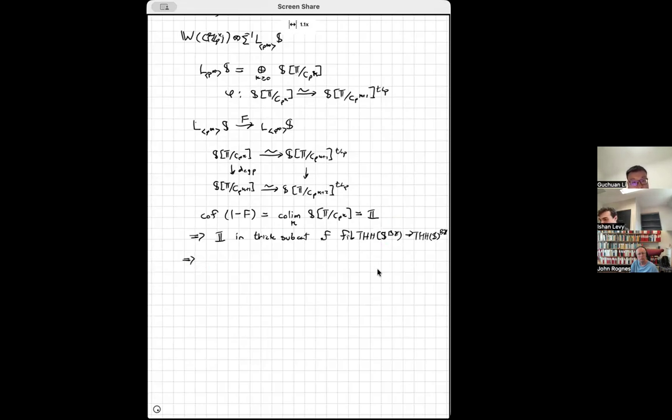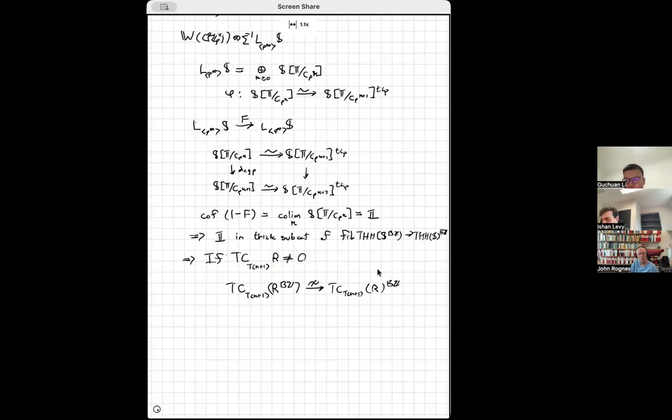And so what that tells you is that if, for example, you wanted to check that the T(n+1)-localized K-theory of R to the BZ is not the same as the T(n+1)-localized TC of R to the BZ, then it's enough to show that this is not zero.